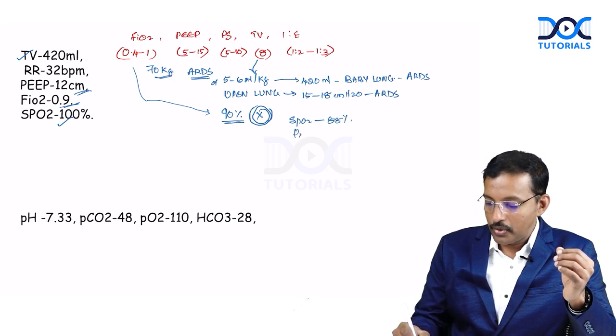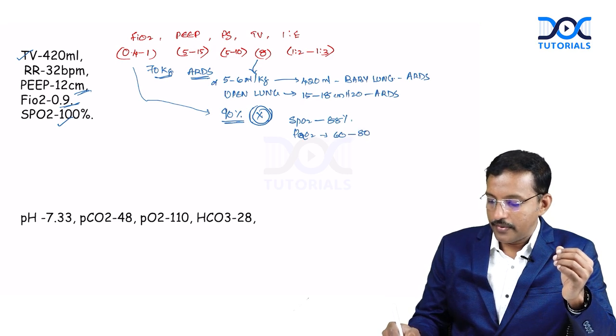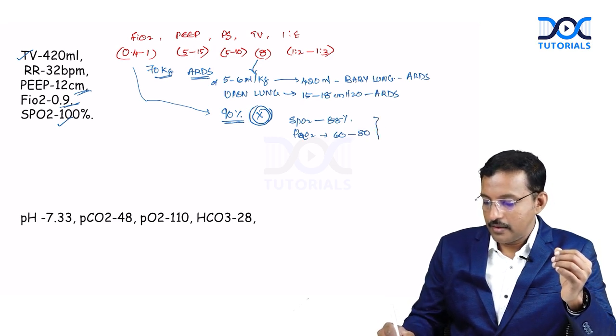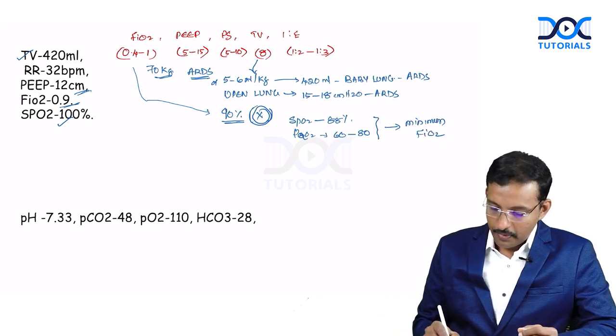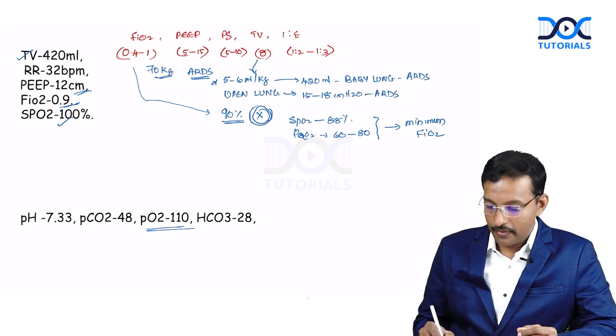or PaO2 of anything above 60 to 100 is our target with the minimum FiO2. Minimum FiO2. See, PaO2 is 110. We need only something around 60 to 80 in this case.